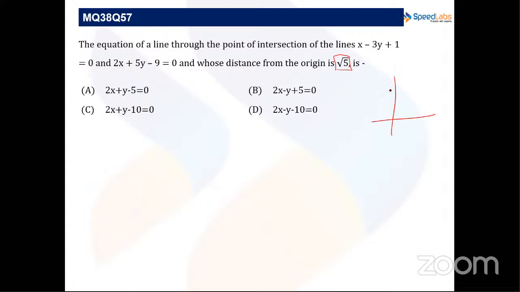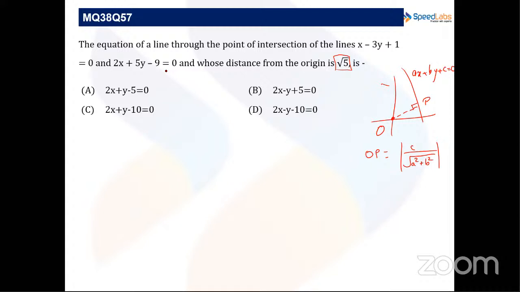If you are having some line, say ax plus by plus c equals to 0, then its perpendicular distance from origin, this OP, is mod of c upon under the root a square plus b square. Now, we have to find the equation of the line which passes through the point of intersection of these two lines.